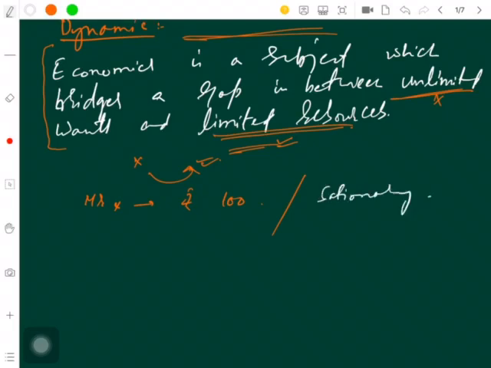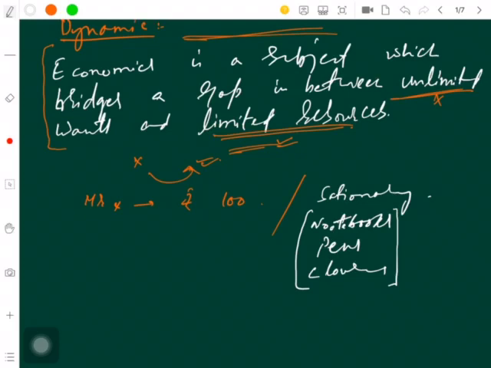So when he looks into the market, he has to buy some notebooks, some pens, maybe some colors, etc.